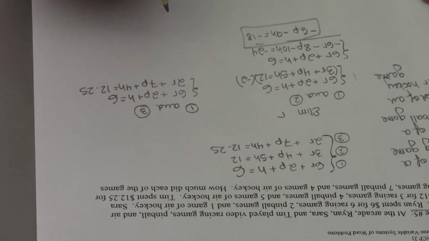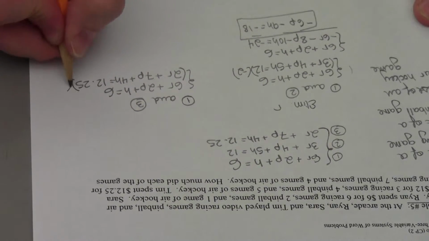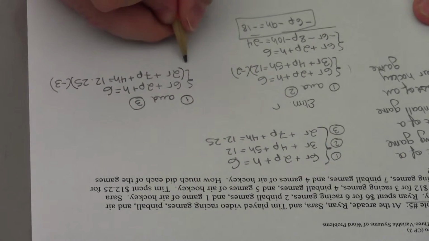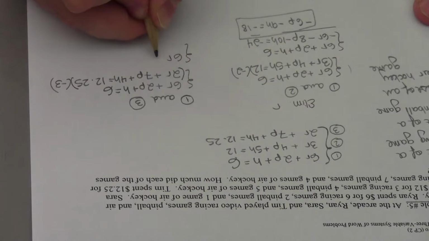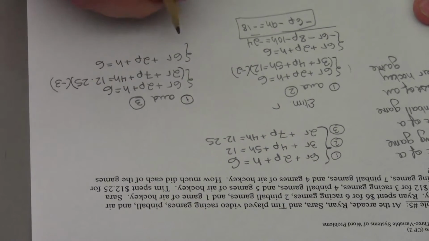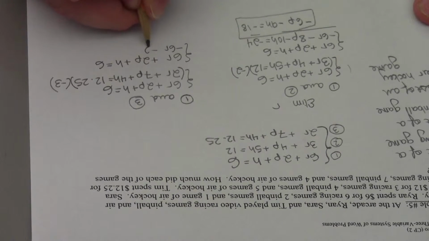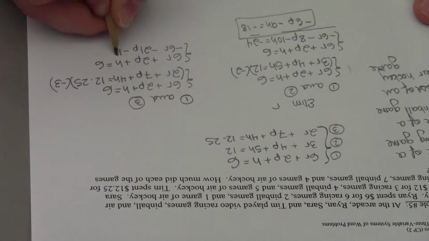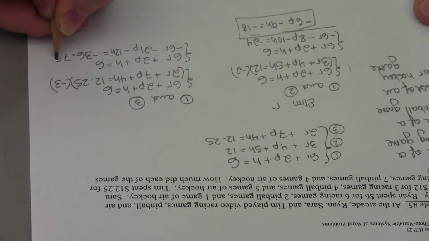Moving on to 1 and 3, I'm going to multiply that bottom equation by -3, so again the r's will eliminate. We have 6r plus 2p plus h equals 6, and -6r minus 21p minus 12h equals -36.75.